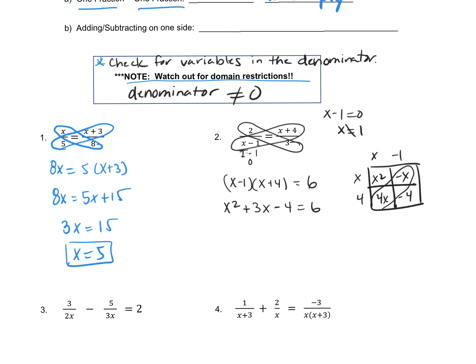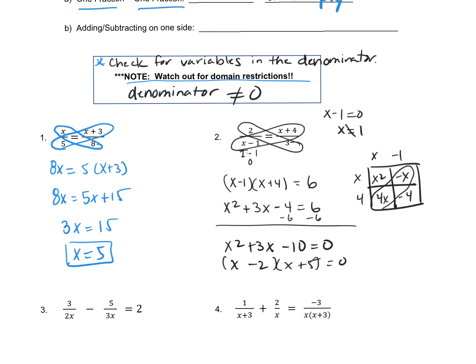So I'm going to move the 6 over, and here I have x squared plus 3x minus 10 equals 0. Now we're going to factor. In this first one, we get x minus 2, x plus 5.